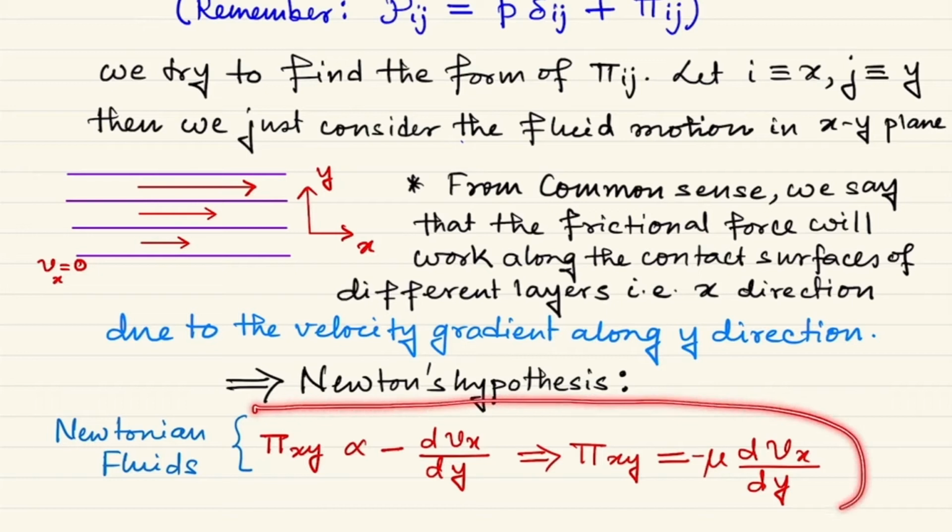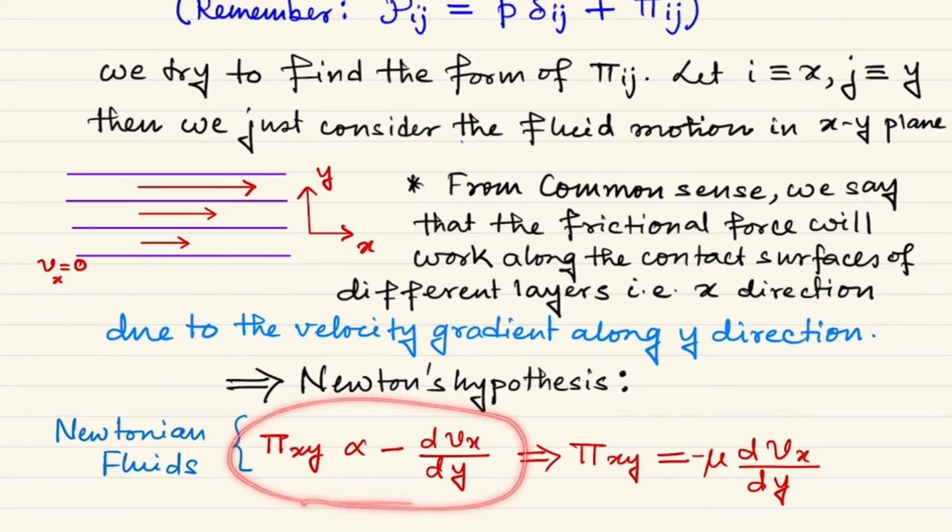So in a real fluid, what we can see, okay, it is also true that this is not exactly true, but sometimes this is, I mean, reasonably true. And those fluids for which this hypothesis works are known as Newtonian fluids.